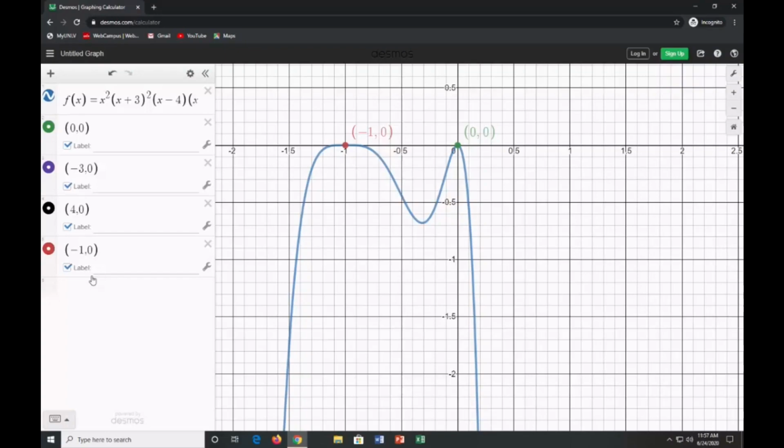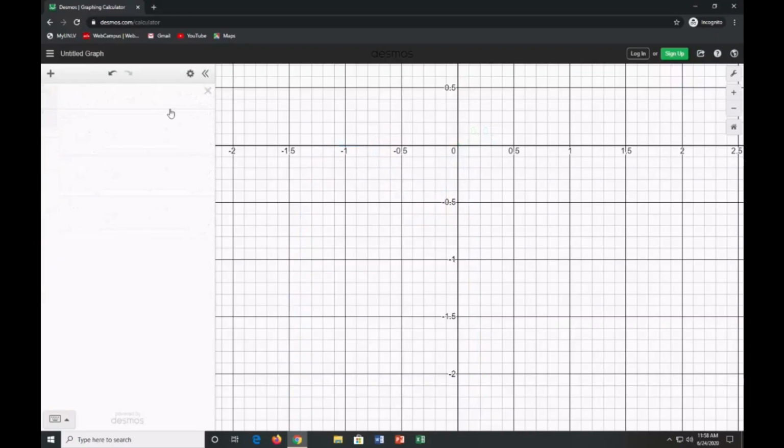And in fact, when I look on my paper, the multiplicity for negative 1, comma 0 was 4, right? Even multiplicity. So we would expect it to bounce back to the same side, and in fact, the graph did just that. Okay, so let's move to that last polynomial where we had to use factoring by grouping in order to find factors for.